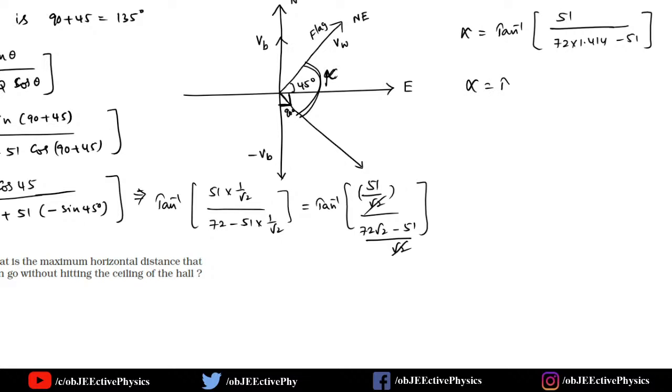So alpha is equal to tan inverse of 51 divided by 50.808, which is almost 1 but not equal to 1. Tan inverse of 1 is 45 degrees, but a little higher value is there in the denominator, so the result is a little higher than 45 degrees.